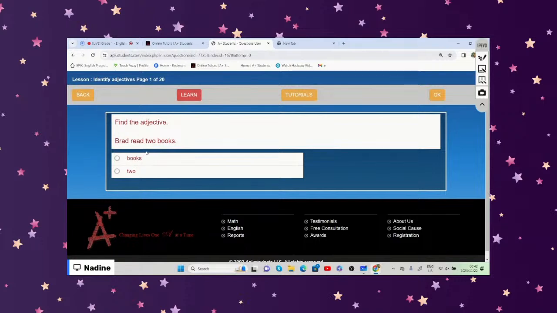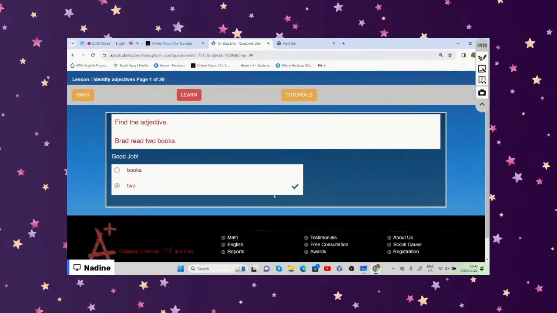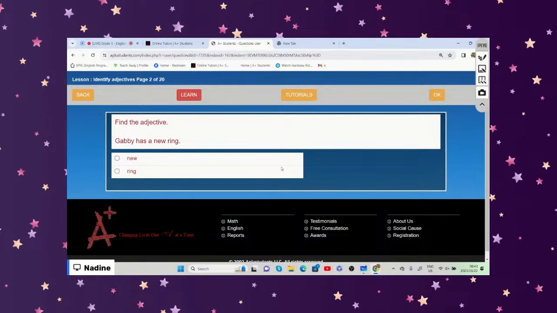Brad read 2 books. Remember, an adjective either tells us what kind or how many. So if we select the adjective within that sentence, we will say 2, because that tells us the amount of books he read. So 2 is correct. Well done.